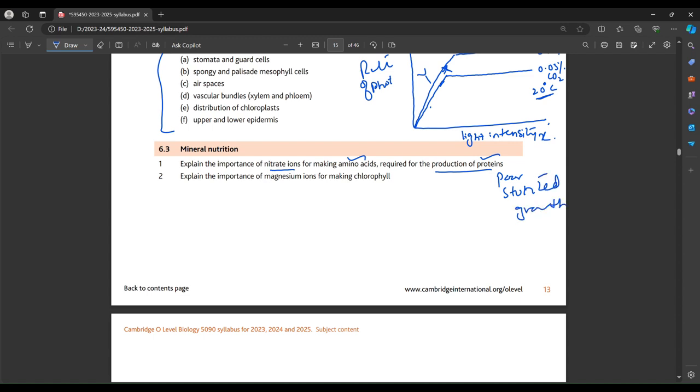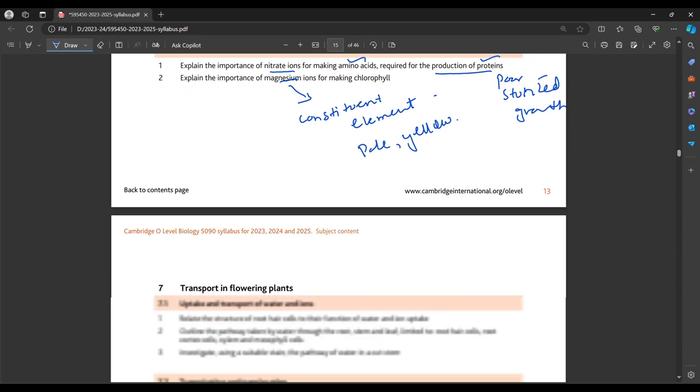Now magnesium ion is needed to make chlorophyll. Always write that magnesium ion is a constituent element for the synthesis of chlorophyll. Deficiency of magnesium ion will lead to pale yellow leaves, and of course less photosynthesis, therefore again poor, stunted growth.